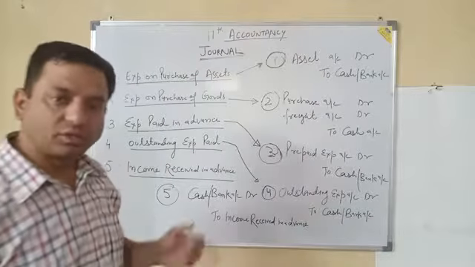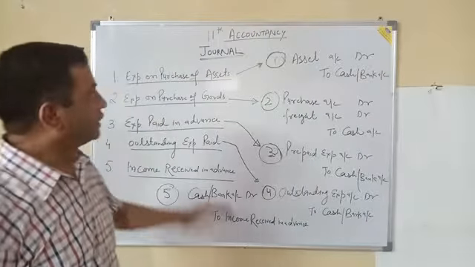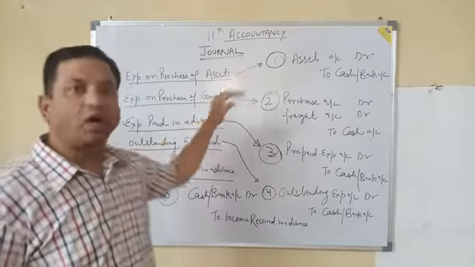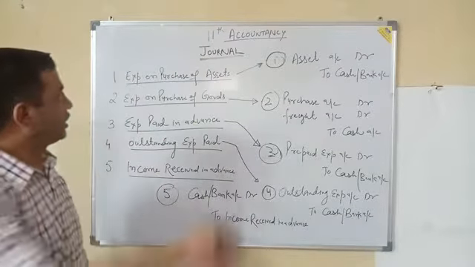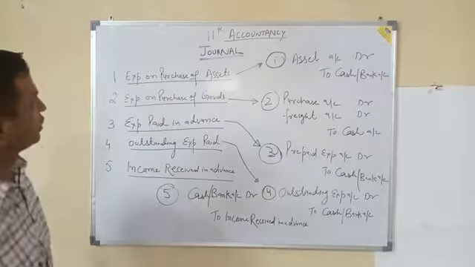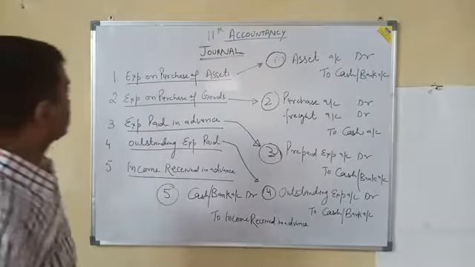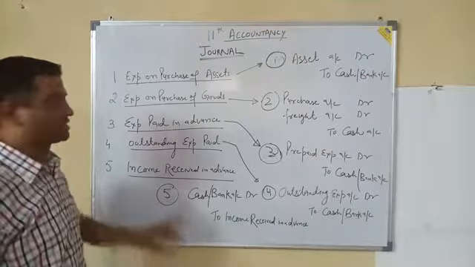So now in our today's video we will try to learn some more transactions to be recorded, how they can be recorded in the journal books, and these are in front of you. You all can see this, that the very first is expenses on purchase of asset.